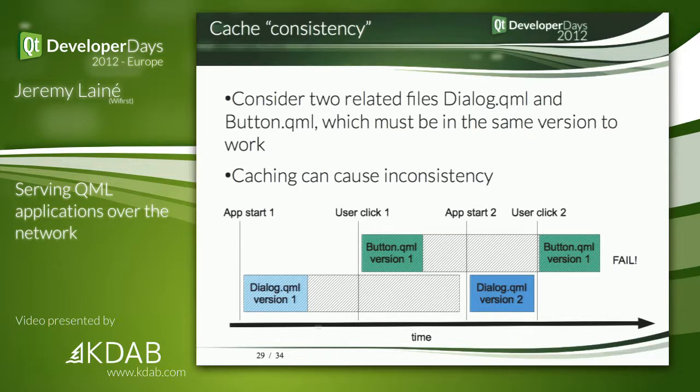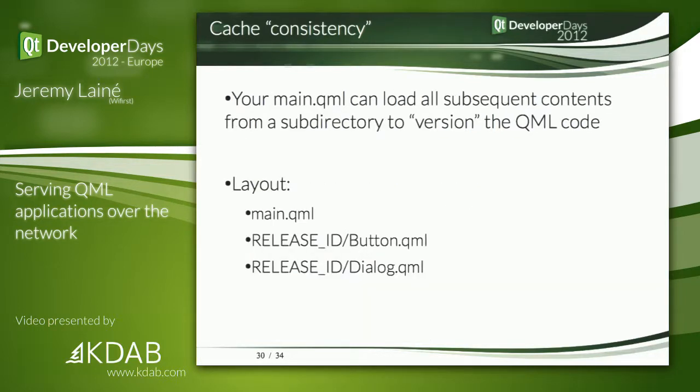So one way you can work around this is that if you need to have a coordinated update of your different files, you could just structure your file tree in a way where all your QML files are behind a release identifier. So you have your main.qml, which is at a set URL, which your clients come and pick up, and this main.qml then goes ahead and loads a dialog from a subdirectory containing a version ID.